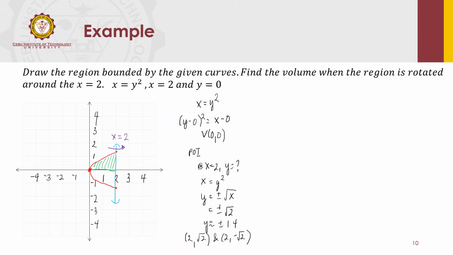Since we have y equals 0 limiting the region, we're only considering the upper part of this whole area, excluding this one. But if we remove y equals 0, then for sure we're going to include this area here and rotate it together with the upper part about x equals 2.